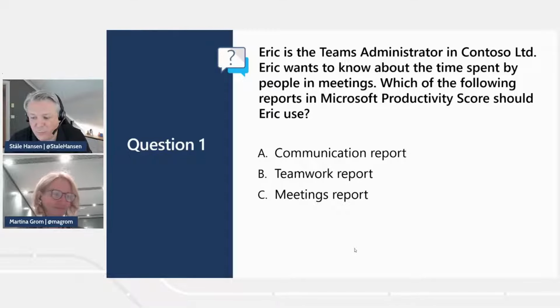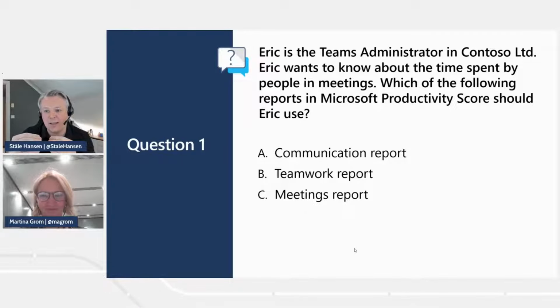Communication report, teamwork report, or meetings report? And we remember, right? Communication report is what kind of tools we use to communicate. Teamwork is how we are communicating in platforms with multiple participants, and meetings is how meetings are being used.